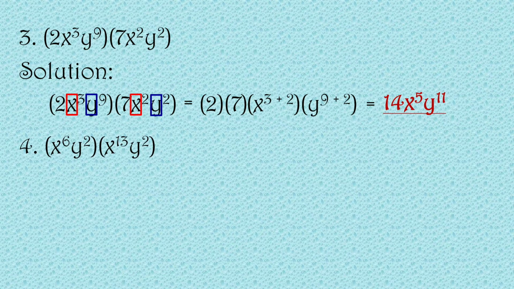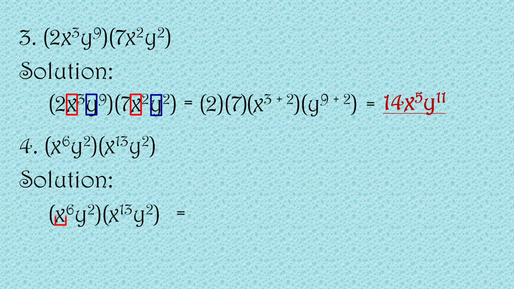So, number 4. So, quantity x raised to 6, y squared, times quantity x raised to 13, y squared. So, mayroon tayong dalawang base dyan, x saka y. So, pagsamahin natin yung kanilang exponent. So, sa x muna, add natin exponent niya.